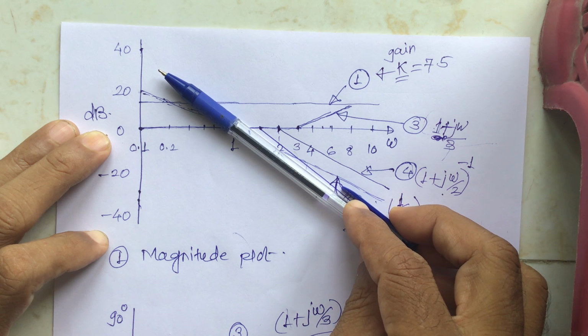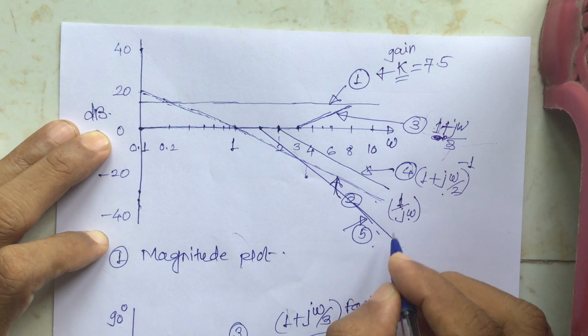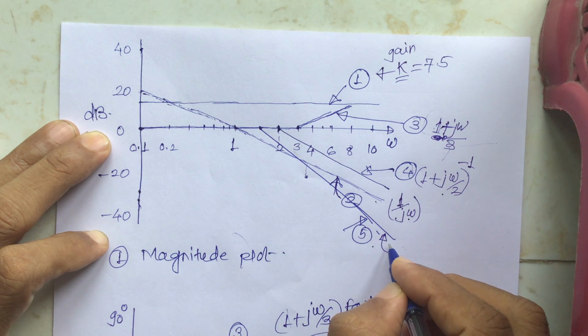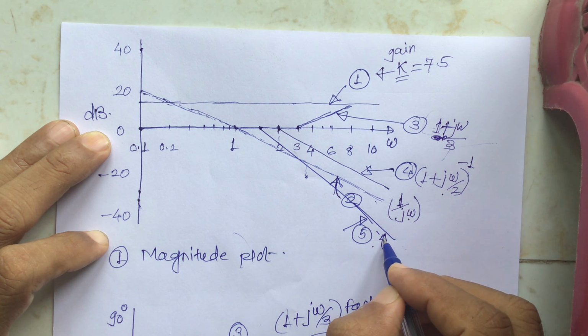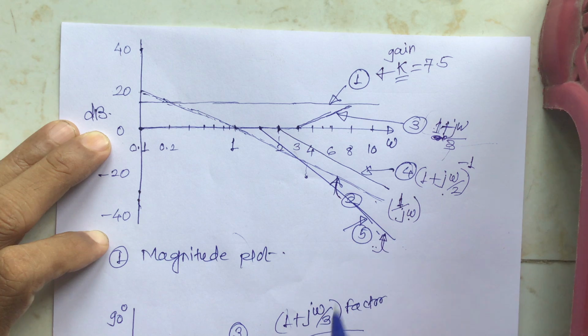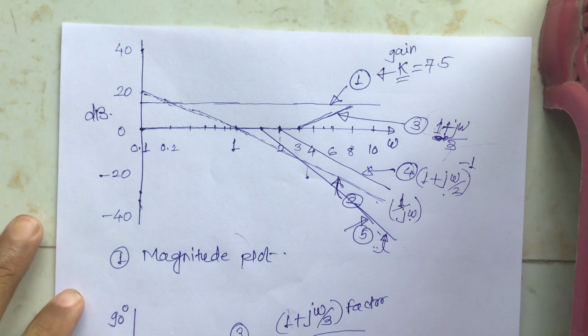This is the fifth factor with a slope of minus 40 dB per decade. So this is the magnitude versus frequency plot.